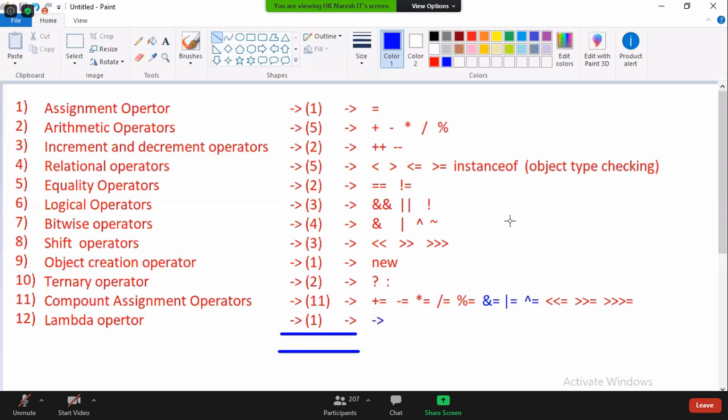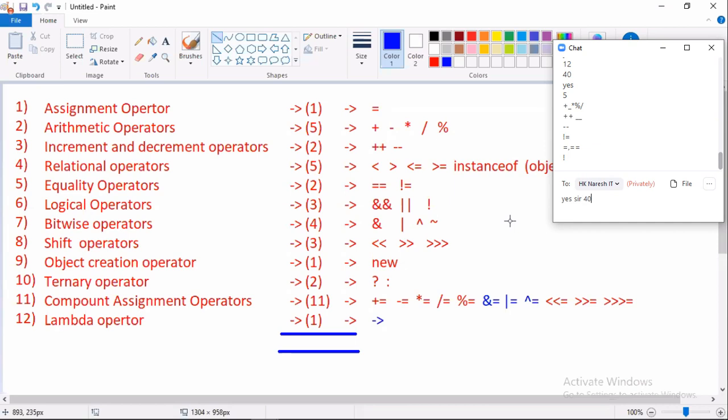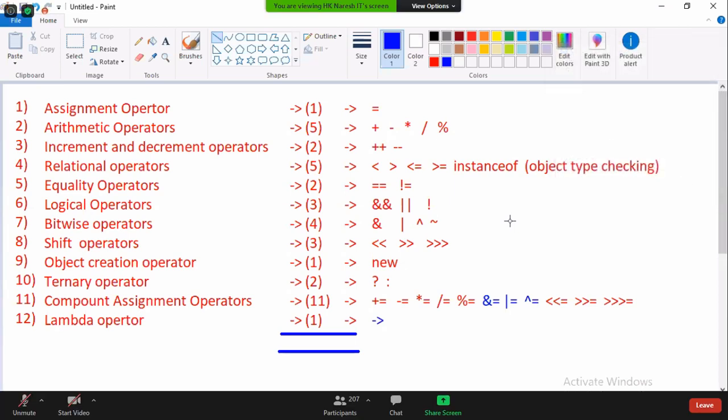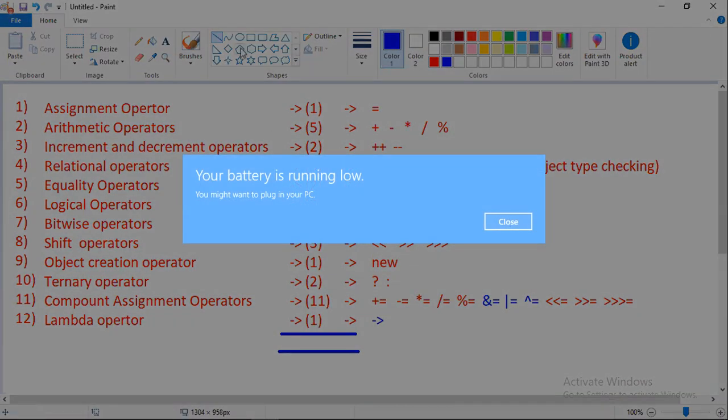One, 6, 7, 8, 13, 15, 18, 22, 25, 26, 28, 29, 40. Okay. So totally we have 40 operators.